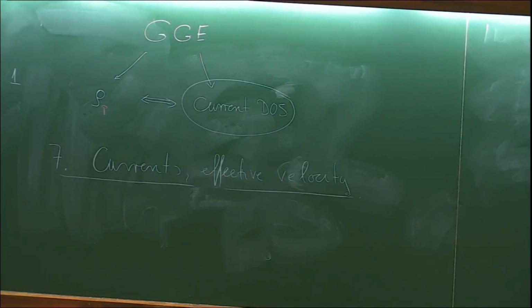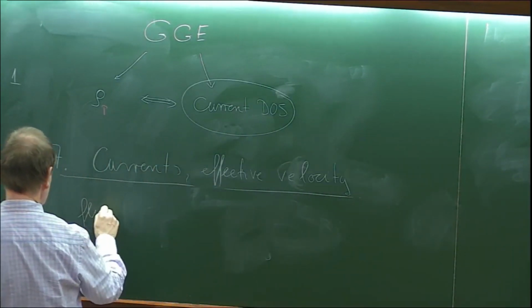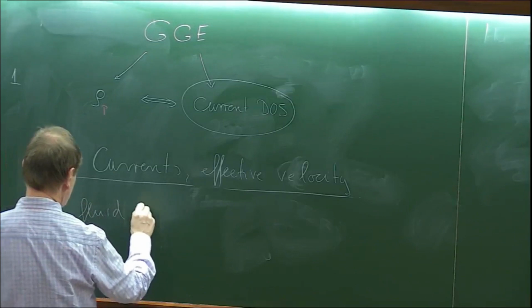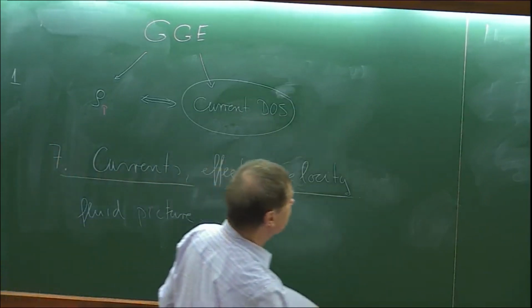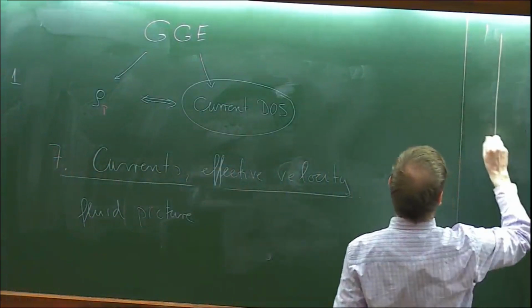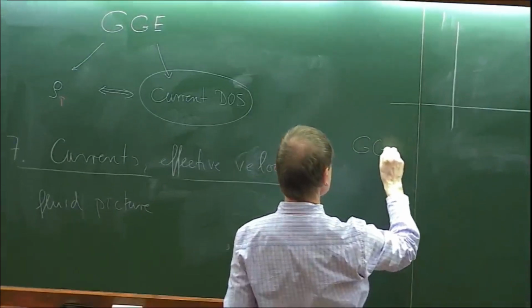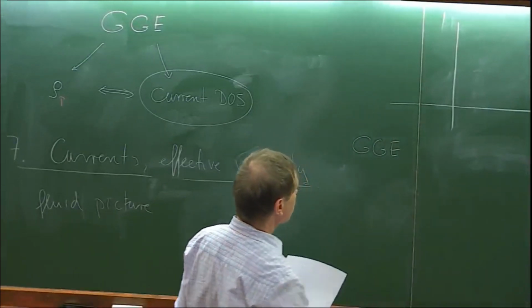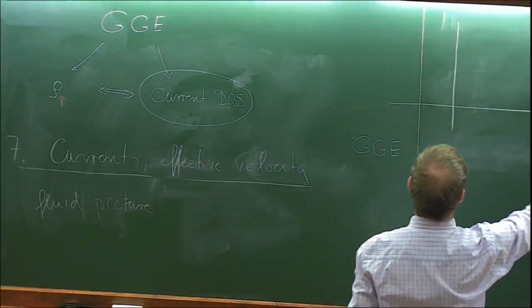So we go back to the fluid picture. And so now I have all these particles moving in R, and I fix my background GGE. I mean, this is somehow given. So you could imagine that this is x, and this is time.